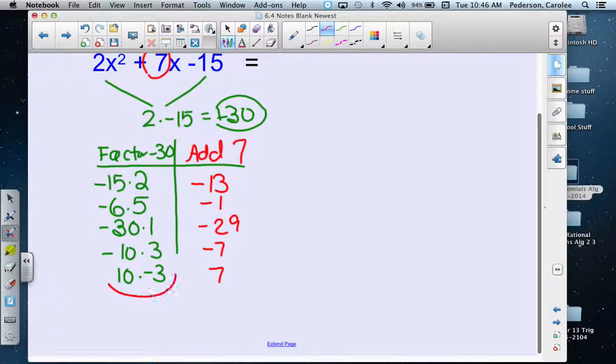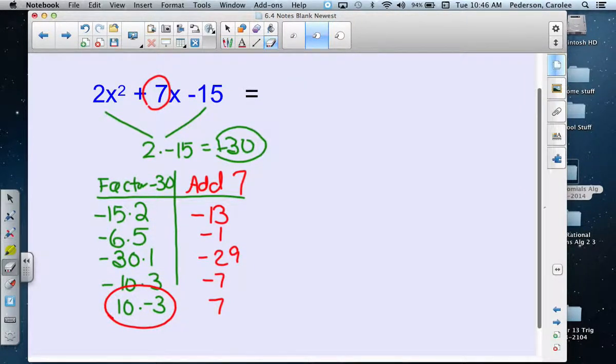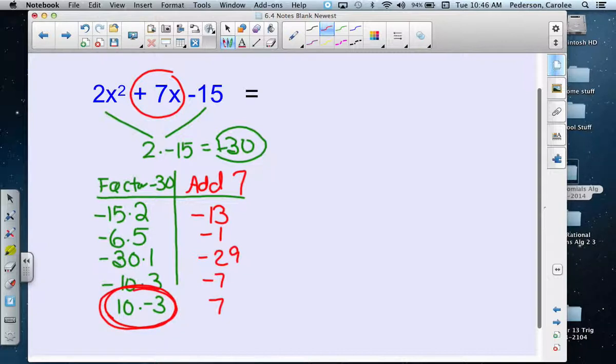So the numbers we're going to work with are right here. So how the AC method works is you remove this middle term in your original expression, 7x, and you're going to replace it with what I just circled, 10 and negative 3. So I'm going to keep the 2x squared, and I'm going to keep the negative 15, and then my middle 2 terms are 10x and negative 3x.